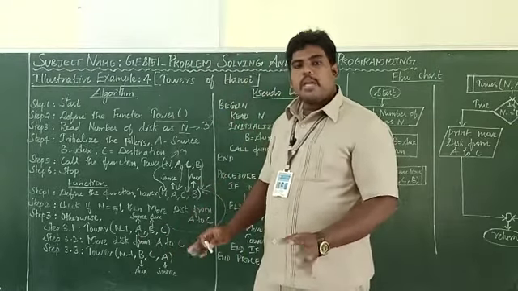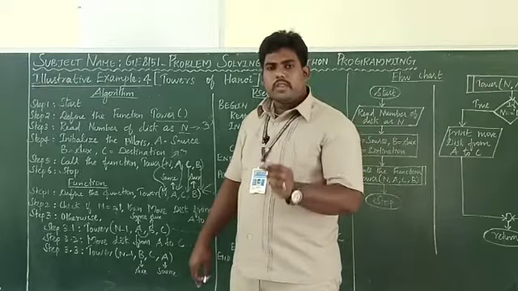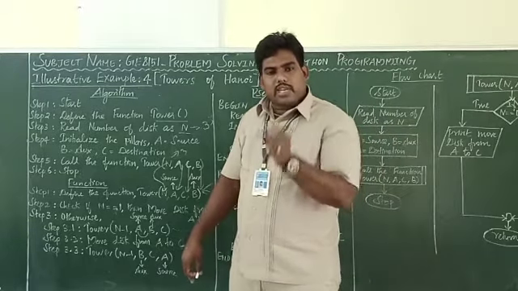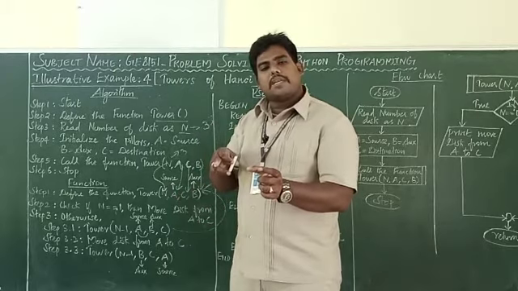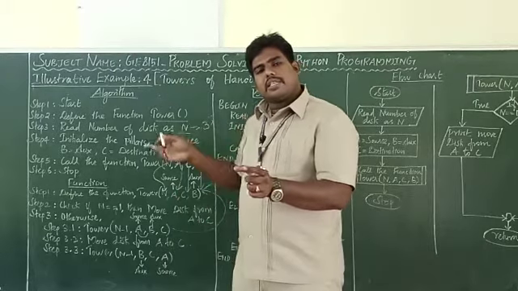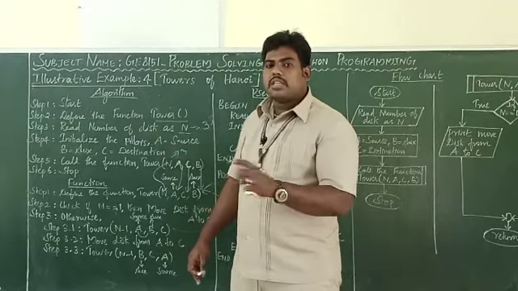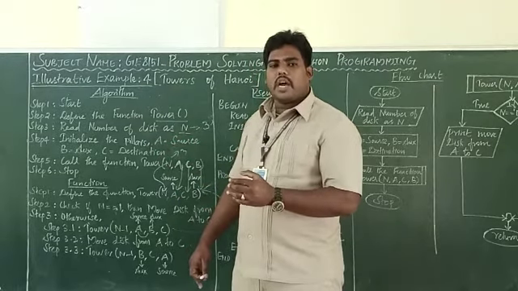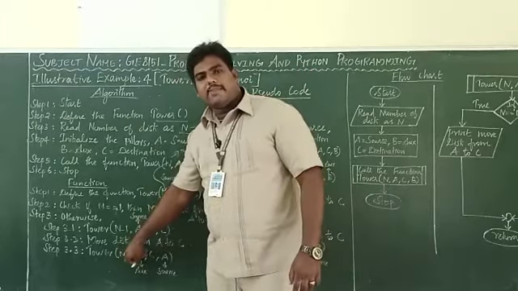Got it? After completing this, how many disks are present in the second pole, the auxiliary pole? 2. How many disks are present in the destination? 1. How many disks are present in the first? Nothing. So now what we have to do is call tower, another function call with n minus 1.